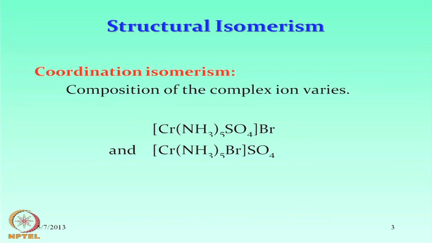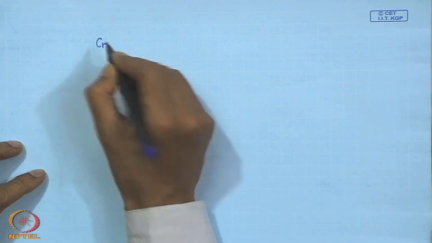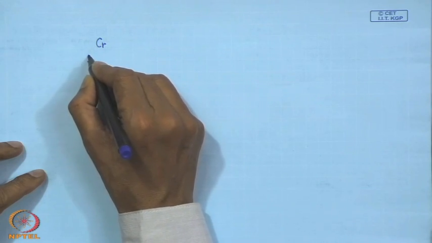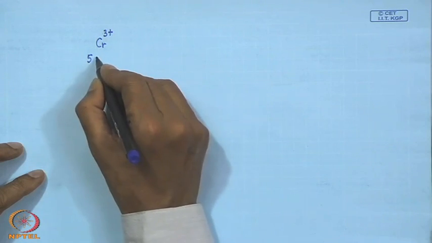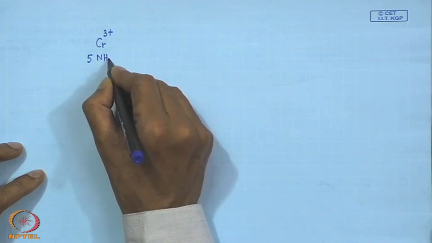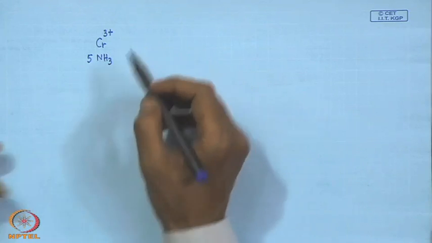groups? What we are not changing is the chromium center, which is trivalent chromium, and the 5 NH3 groups. These are non-variant, these are fixed.